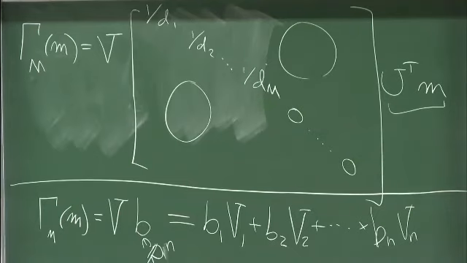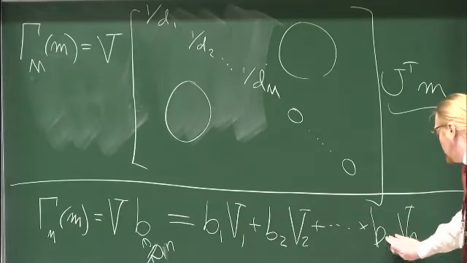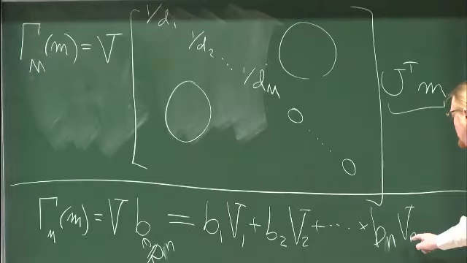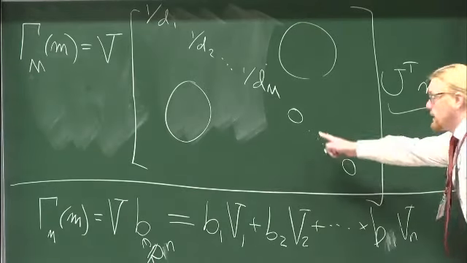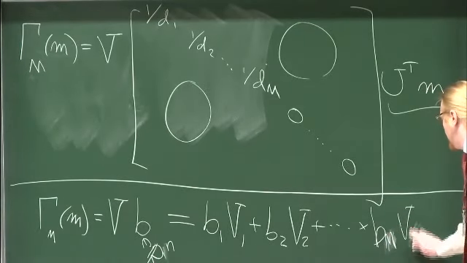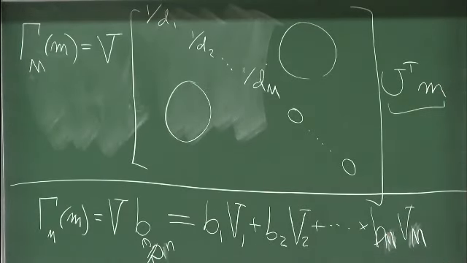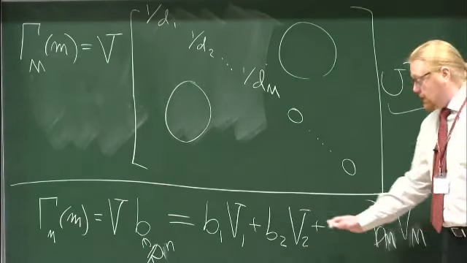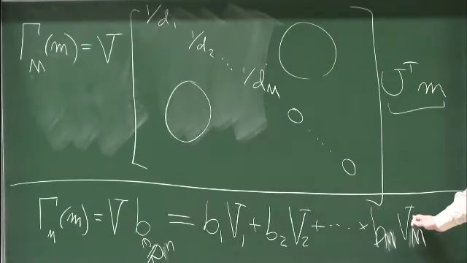Actually we have only up to m, because the rest are 0. So the reconstruction we get is a linear combination of the first m columns of the matrix V. The columns of V are the building blocks of our reconstruction.